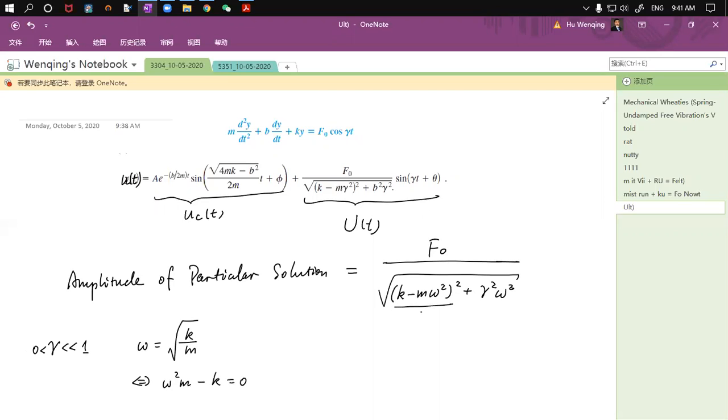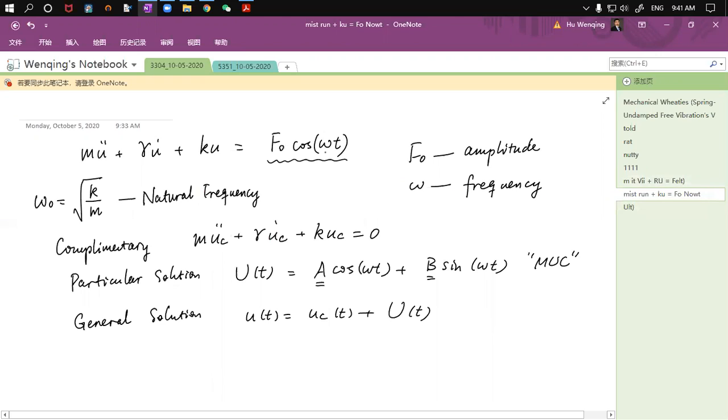So this one will be 0, and the other one will be very close to 0. Is that good for everybody? In that case, the amplitude of the particular solution is going to be super large. Let's summarize this observation. The amplitude of the particular solution is going to be huge if omega, the frequency of the external forcing, matches the natural frequency.